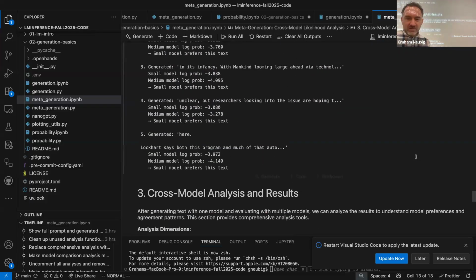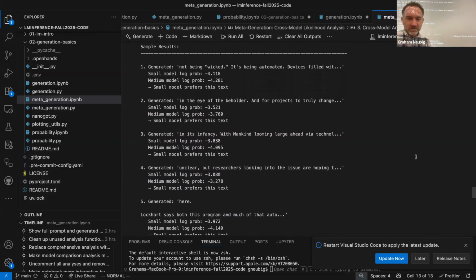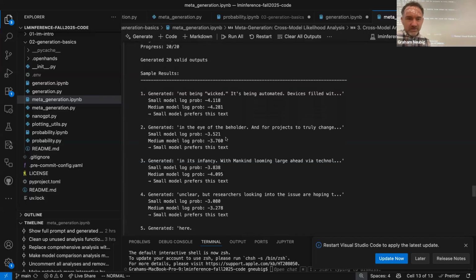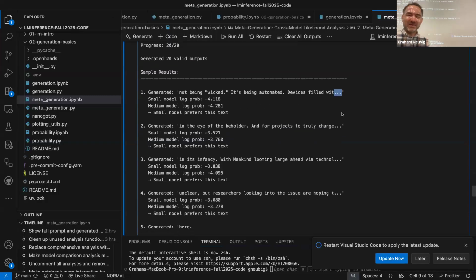Does anybody notice anything about the difference between that and this? Yeah, it's really long. Actually, unfortunately, I'm cutting these off here, so that's not it. Oh, I forgot to mention one other thing. This is not the log probability.